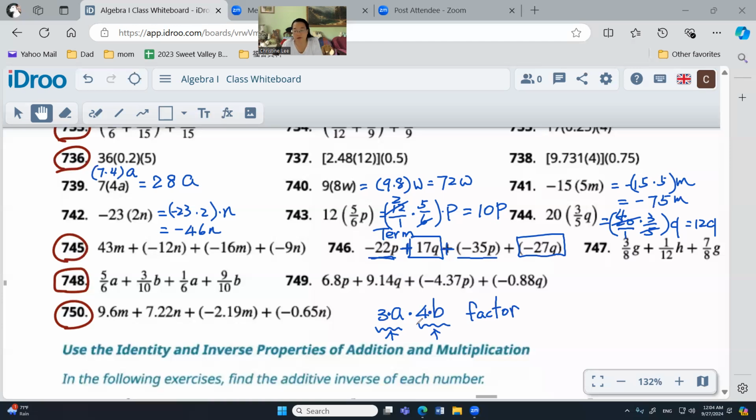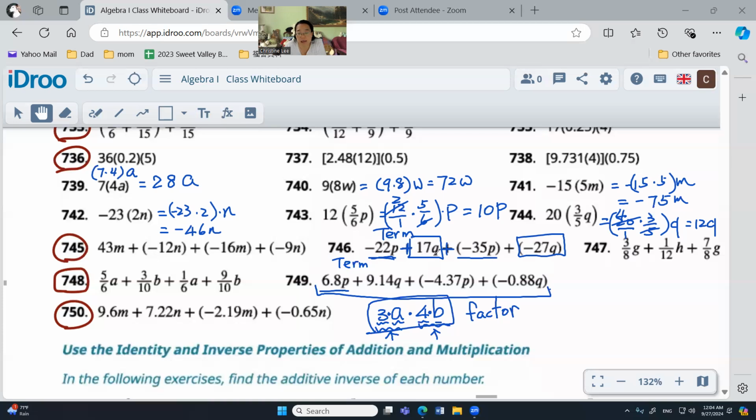They're all factors because they all multiply together to become this whole thing. They are the factors of this whole thing. And this is a term of this whole thing.